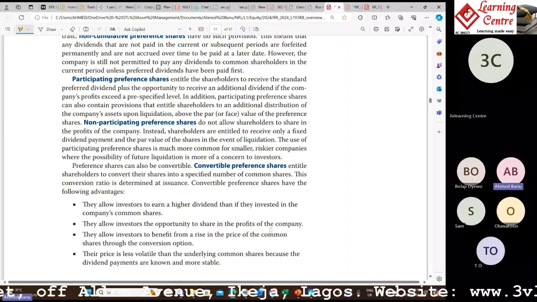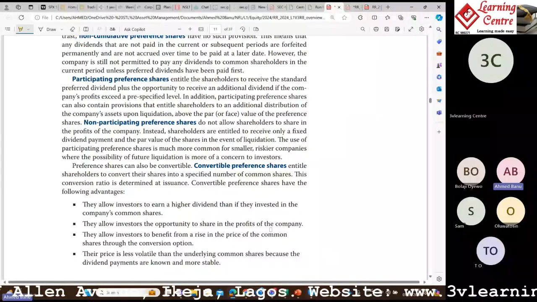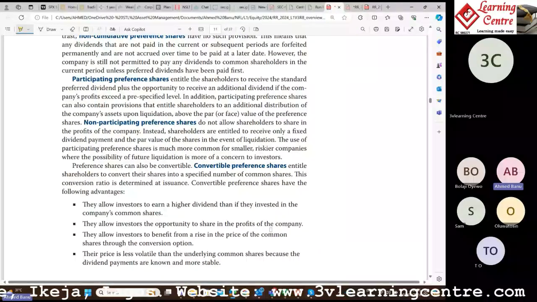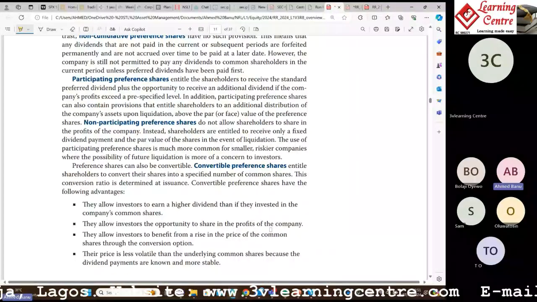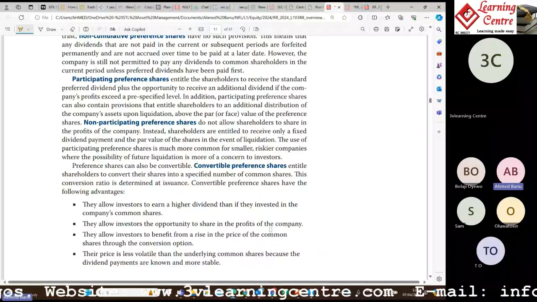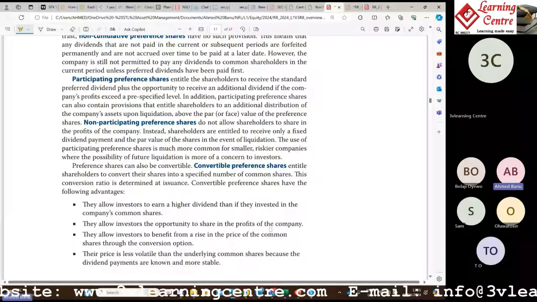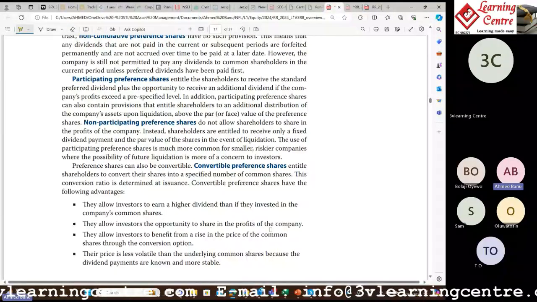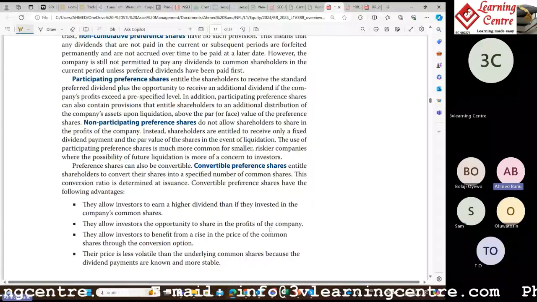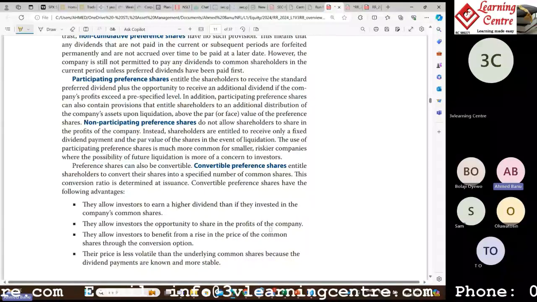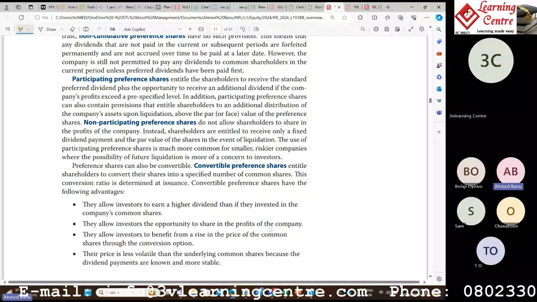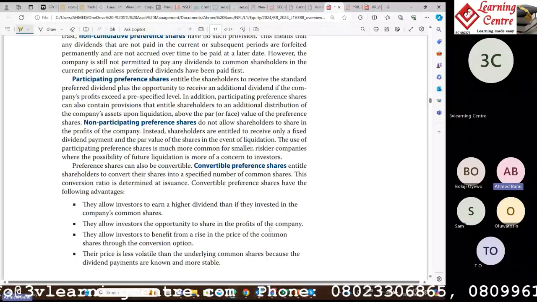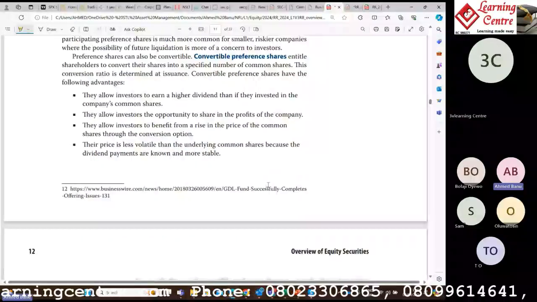And that's why most investors always ask for convertible preference shares, so that in the future, when the company's value has risen significantly and there are significant growth prospects, I convert to common shares so that I can benefit from that growth. And once I benefit, I sell off the shares and have my money in hand. The price is less volatile than underlying common shares because the dividends paid are known and more stable, which is general for preference shares.